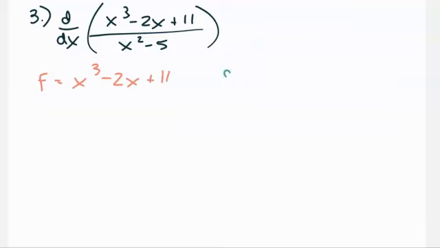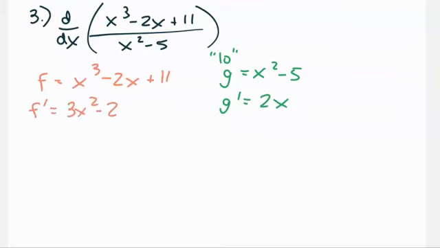Totally up to you. All right, so the derivative of the bottom is 2x. And the derivative of the top is 3x squared minus 2.